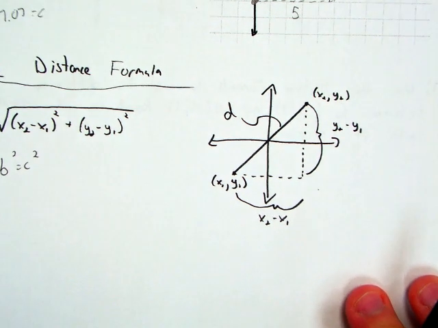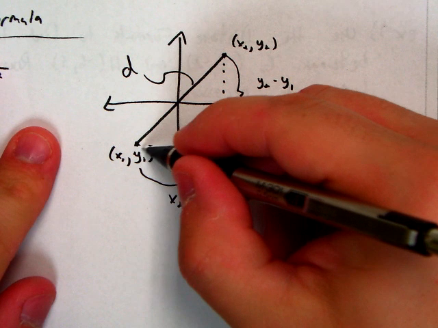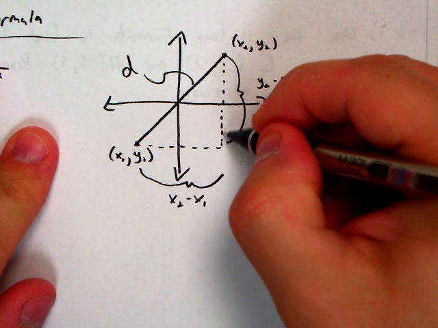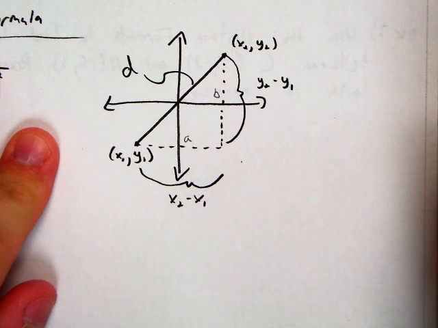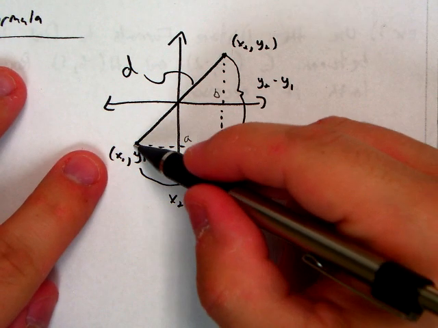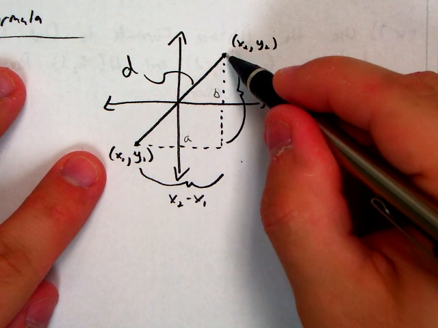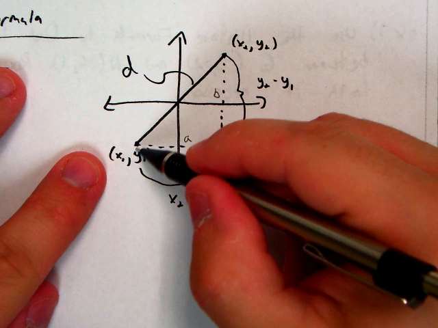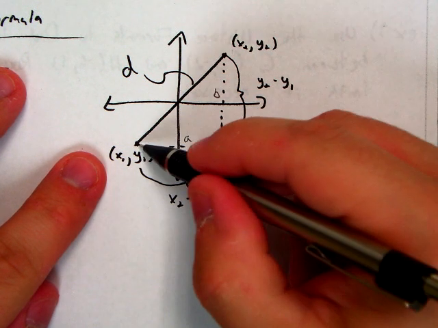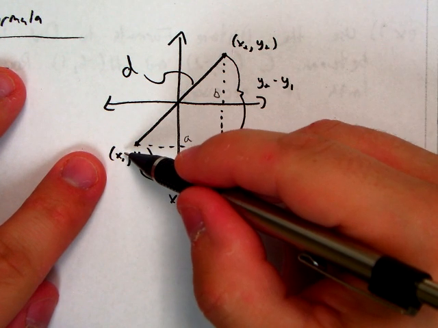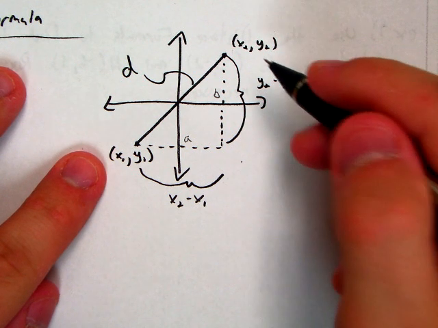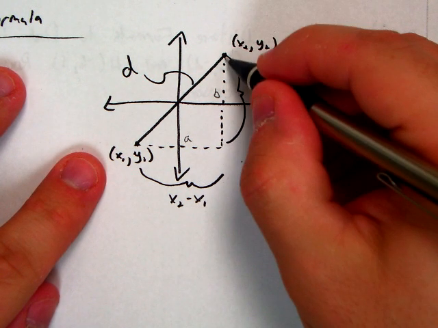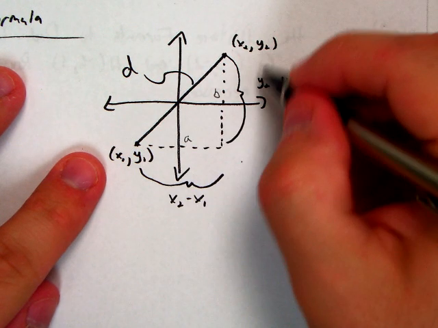If we look at our diagram here, we have a triangle where this side and this side are A and B. If we have these two ordered pairs, x1 and x2, the distance from here to here is x2 minus x1. Just like if we were doing slope. The distance going up and down then would be y2 minus y1.